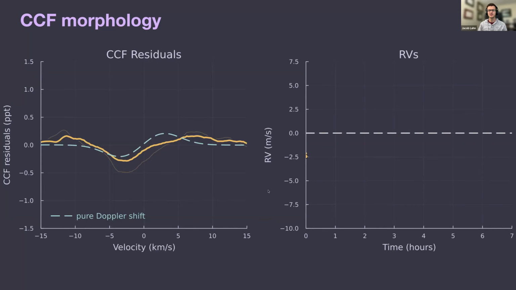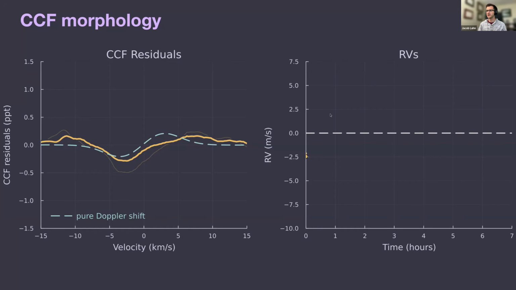This is an animation, and when it plays, we'll see in this thick yellow line the CCF residuals binned over a few observations as we march through the night. And the individual observations will stack up in this thinner line in the back, as compared to pure Doppler shifts, this greenish hue dashed line.